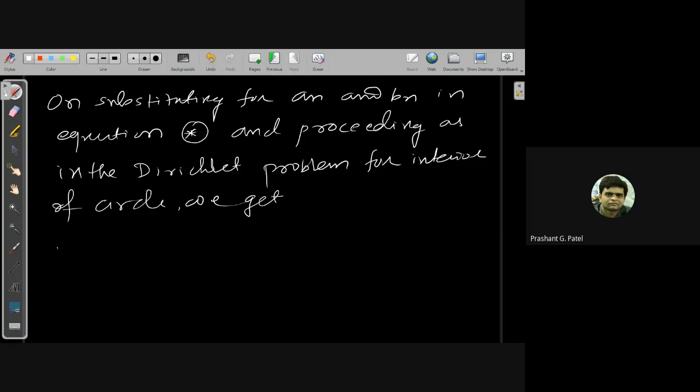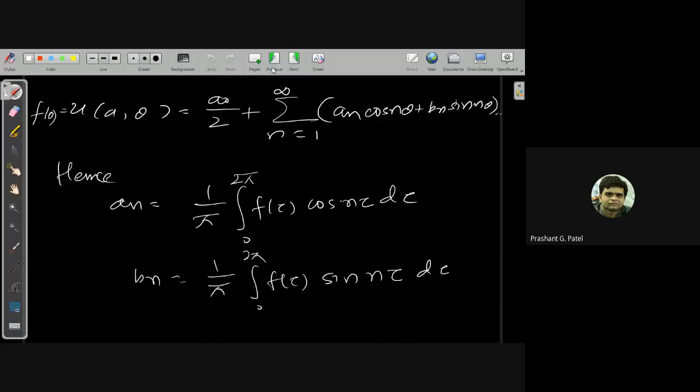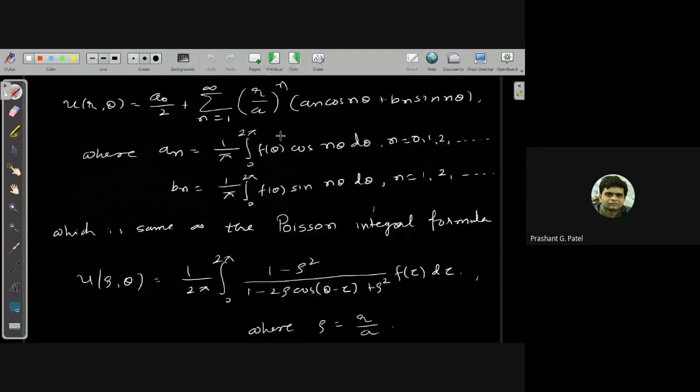the solution in terms of the Poisson integral formula, u(rho a, theta), where rho is r by a. As we know, in the Poisson integral formula we have 1 minus rho square, but here the value of r by a is greater than 1, because for the interior of the circle it is less than 1, but for the exterior it is greater than 1.